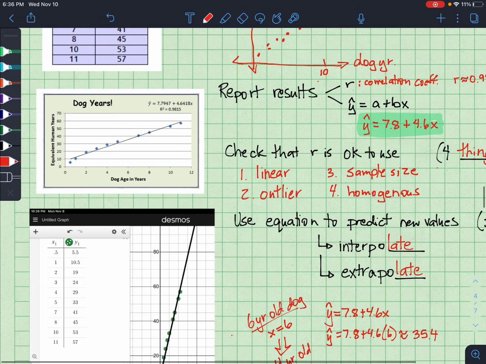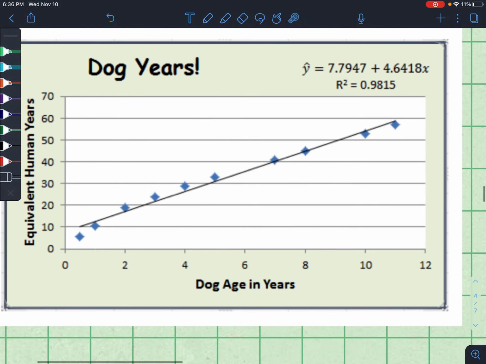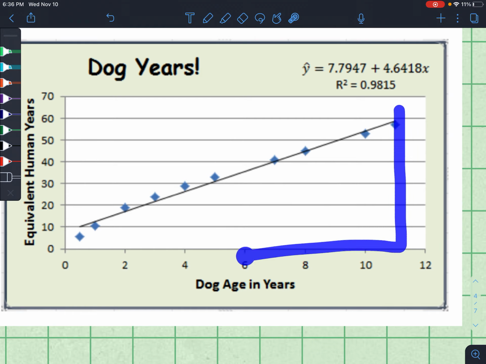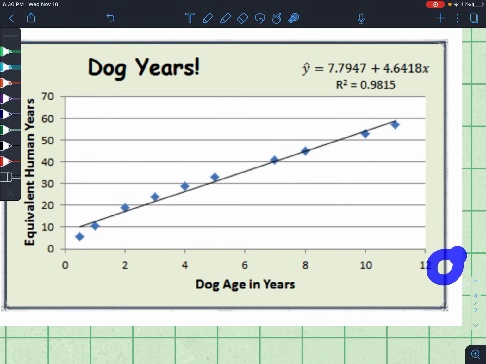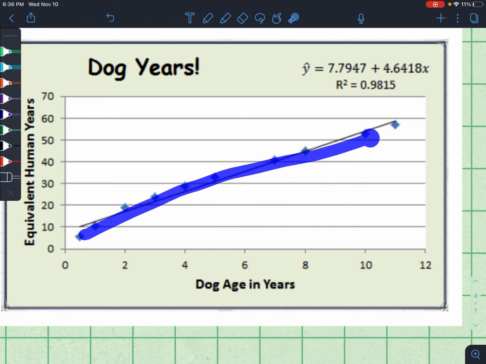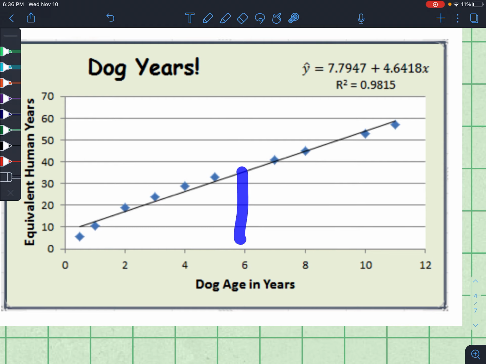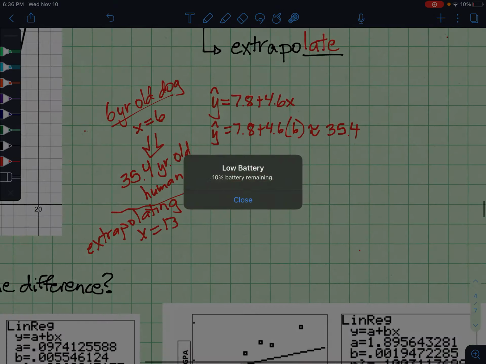Why? Because notice the gap that we're looking at in this case is 13, and that's way out here. That is beyond my window of data. So that's called extrapolating if I go on either end and pick values that are beyond. If I'm inside my data set and I'm finding values here or here, that would be interpolating.